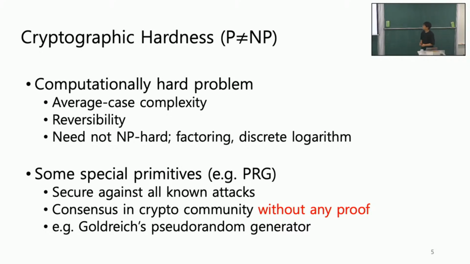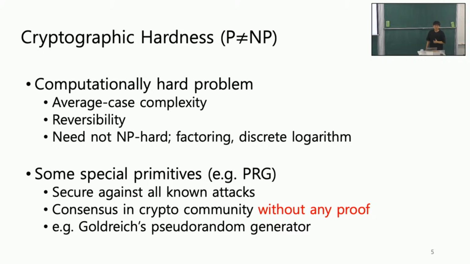The second type is special primitives such as pseudo-random generators, which are secure against unknown attacks, and many cryptographers believe that some special primitives are secure, although there is no proof.